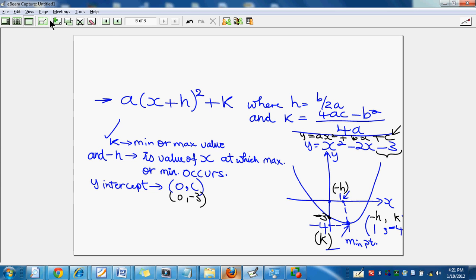when we let the quadratic be equal to 0 and solve for the values of x that make it so.